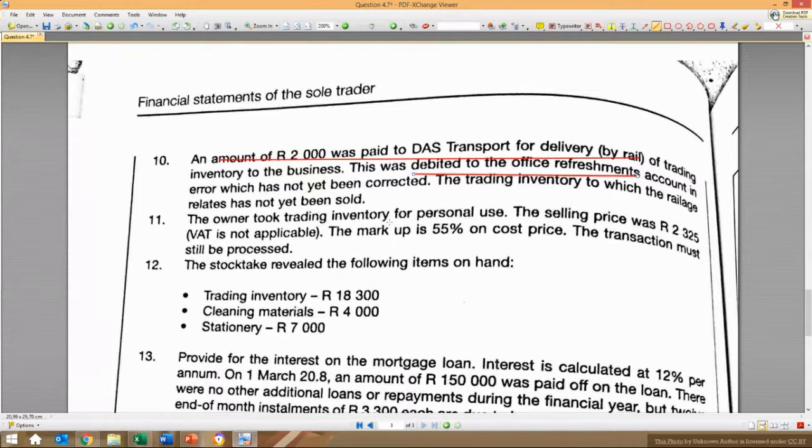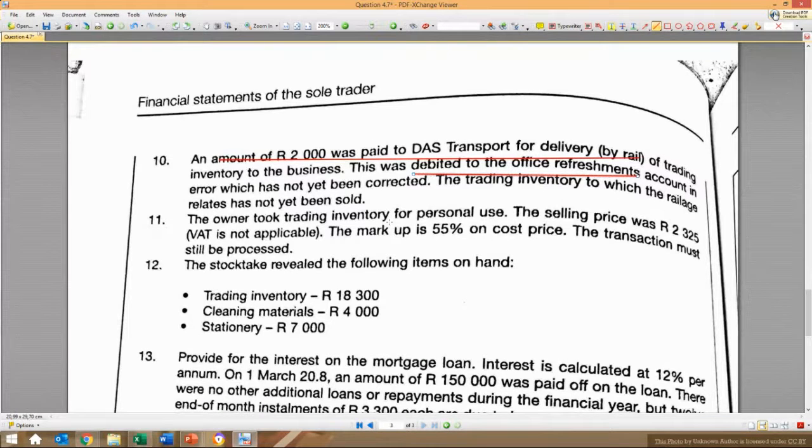Okay, so the reason that last sentence is relevant is because if it was already sold, you would generally have already accounted for it if we did our perpetual inventory system. But because we're doing periodic, we only work out the cost of sales right at the end of the year.